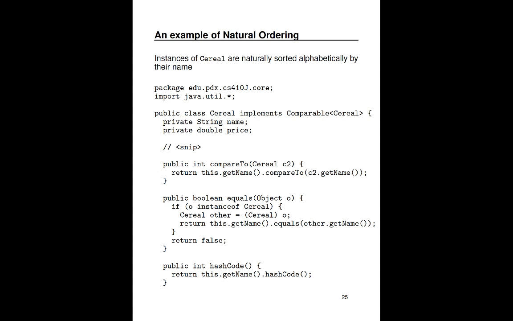Because I overrode equals, I should really override hashCode so that two objects that are equal have the same hash code. And how do I do that? Again, I delegate to the name. This delegating to the fields is a very common strategy for implementing equals and hashCode. In this case, the hash code of the cereal is the same as the hash code of the string. This will certainly work and is good enough for this example.